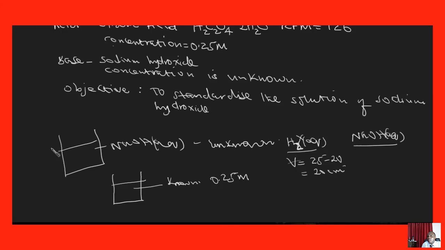The other volume, remember, is the one we pipetted using the 25 mL pipette, and the volume was 25 centimeters cubed. The concentration of sodium hydroxide was unknown, while the concentration of the oxalic acid was 0.25 M. To standardize the solution is simply to find its concentration. So we want to find the concentration of sodium hydroxide.